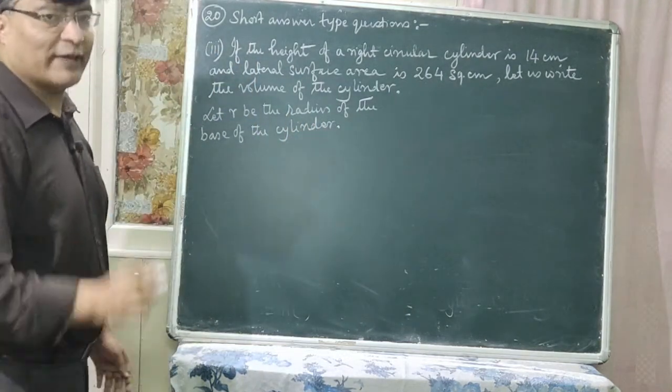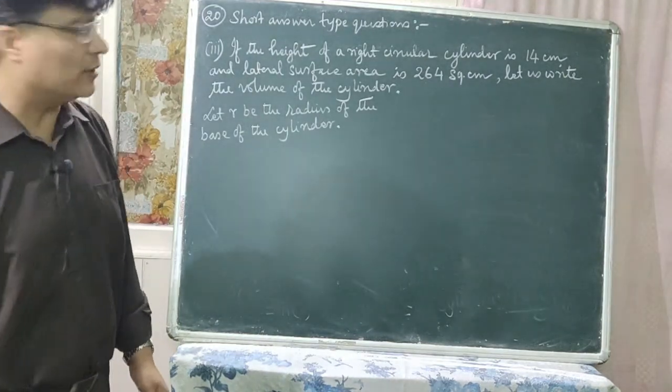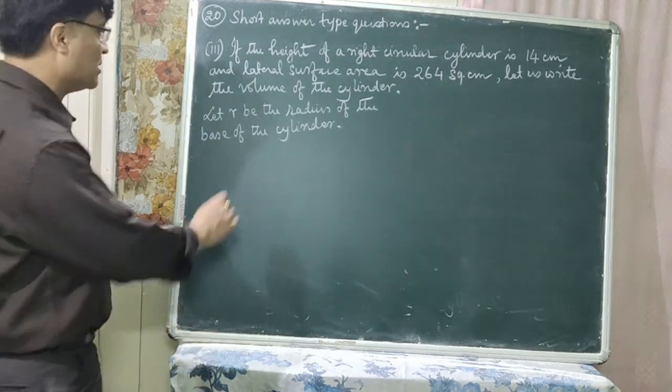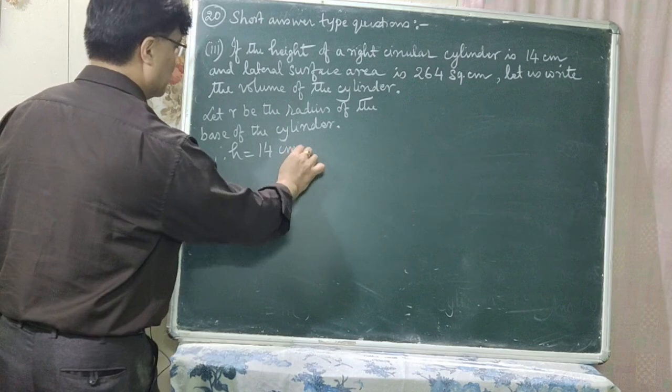What is the height of the cylinder given in the question? It is 14 centimeter. So here h is equal to 14 centimeter.